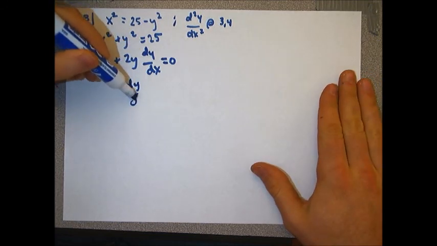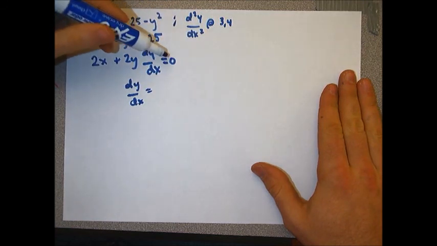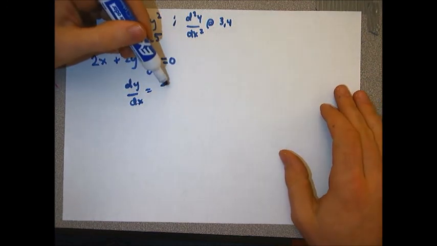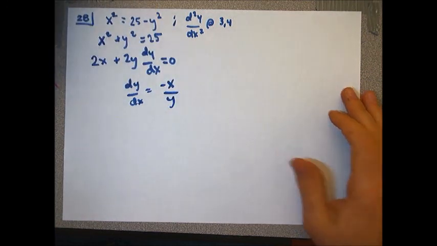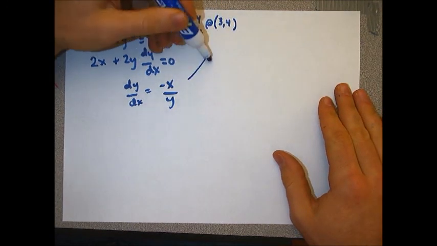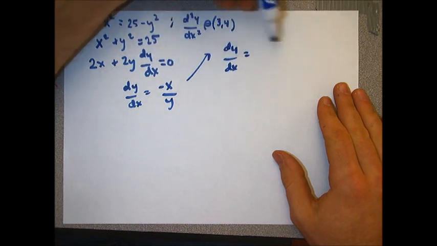Dy dx is equal to, so we'd pull the 2x over and make it negative and divide by 2y. So this would be negative 2x over 2y, so negative x over y. And then if we plug in the points that they gave us, we know that dy dx will be equal to negative 3 over 4.